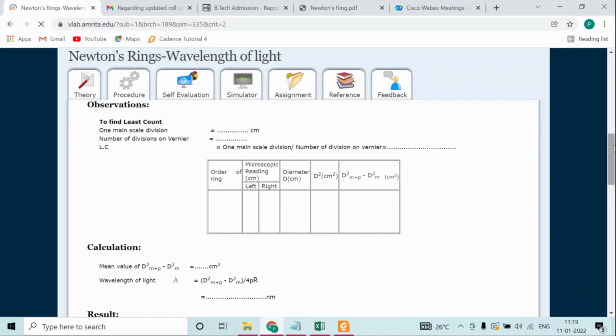Note down the observation table, the calculation part, as well as the least count equation.